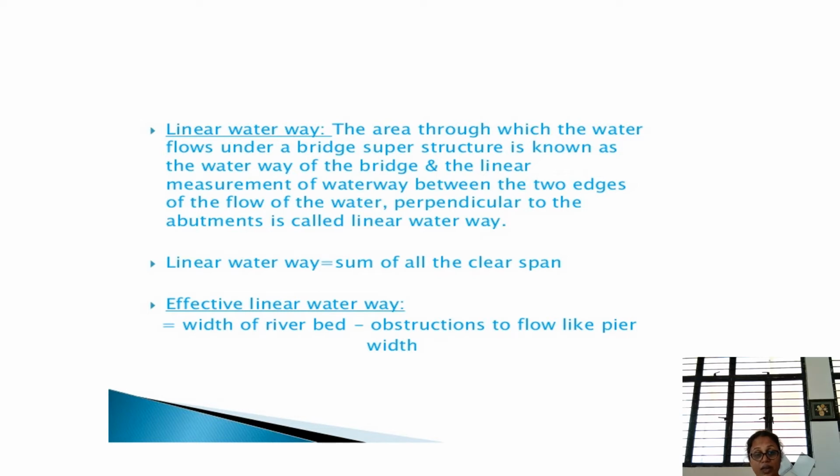get eroded. So whenever we are calculating this waterway, what is the linear waterway that we should consider? The linear waterway that we should consider is actually a distance. Waterway is the distance between the abutments. You have to measure perpendicular to the abutments, and it is measured during the high flood level.